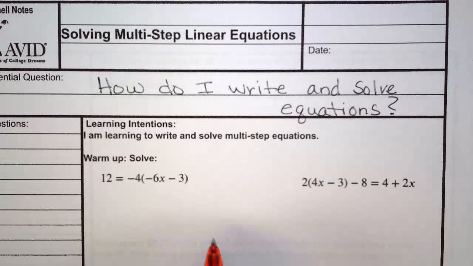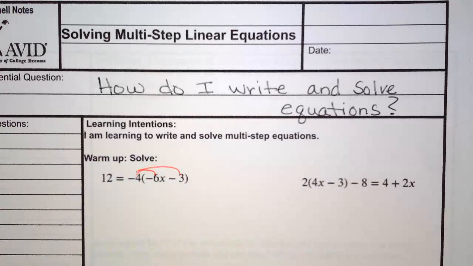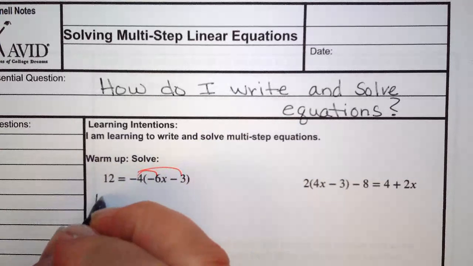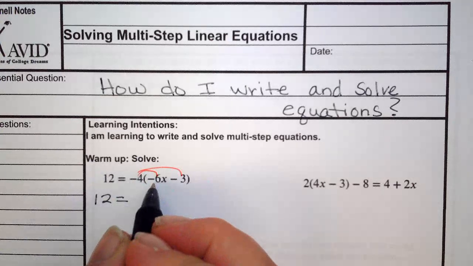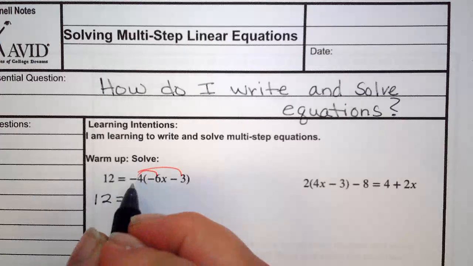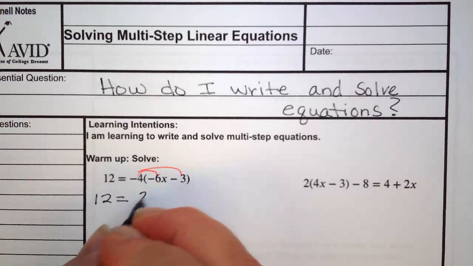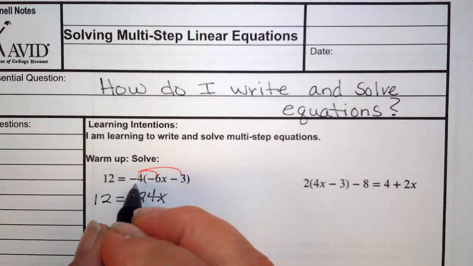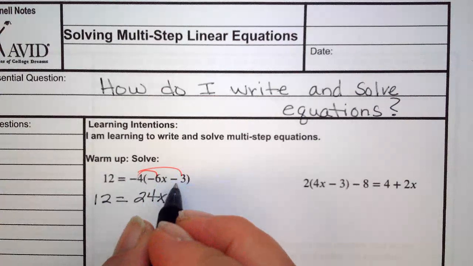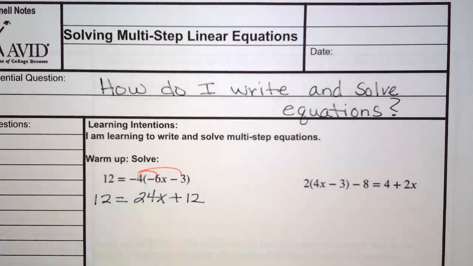Well, I hope you tried. First, we have to distribute. The 12 doesn't change. 12 is equal to negative 4 times negative 6x. Negative times negative is a positive. 4 times 6 is 24x. Negative 4 times negative 3 is positive 12. 24x plus 12.